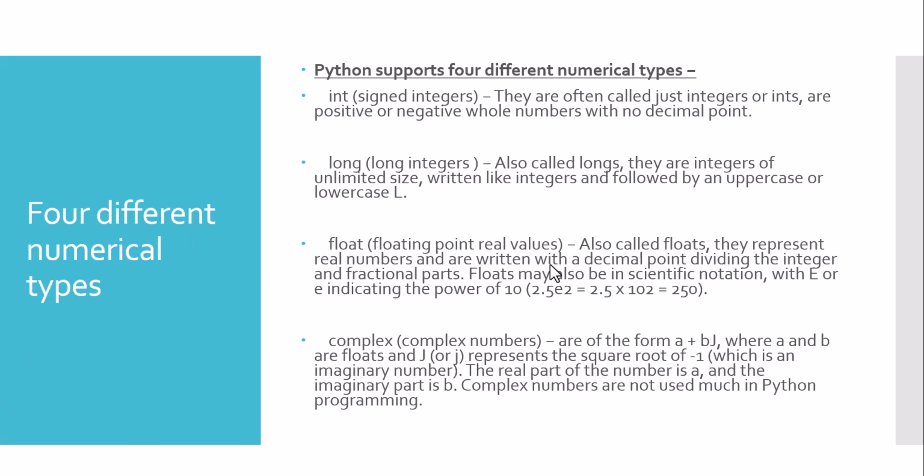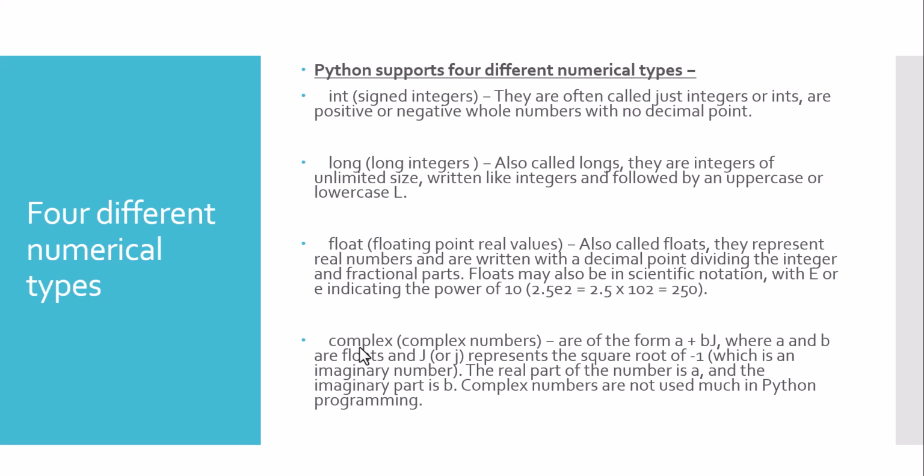Floats may also be in scientific notation, with E or e indicating the power of 10. Decimals written with the help of the point, like 10.0 or 50.0, are known as floating point. We can even use the exponential form with E.